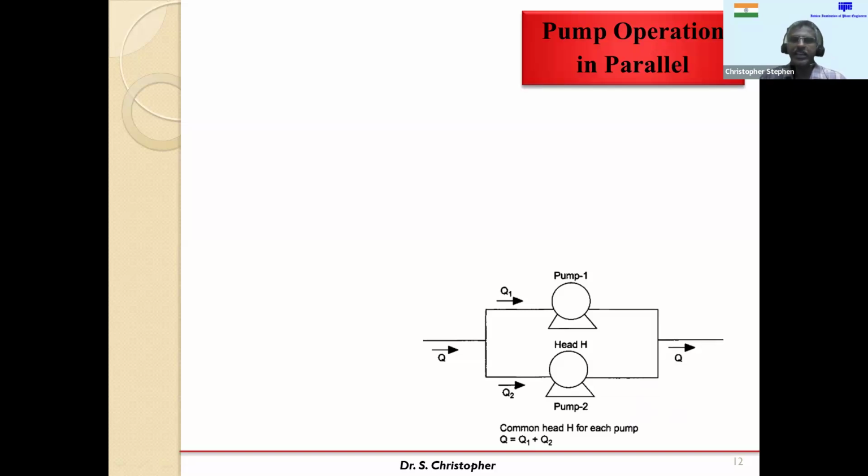You can just send a text message. Based on this diagram, pumps of the same specifications are used in parallel operation. Definitely Q will be more, Q1 plus Q2, so the flow rate will be more. What about the head? Whether the head remains the same or the head will be double.